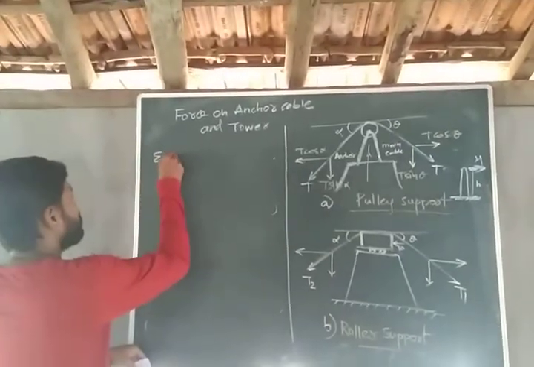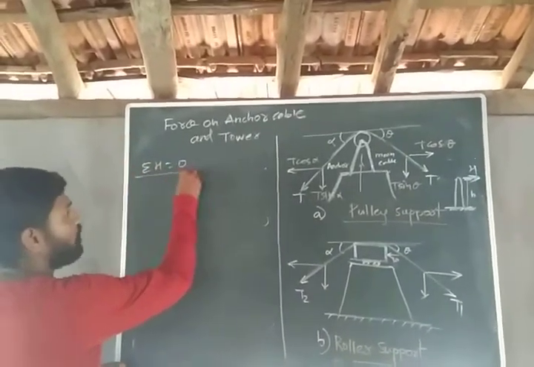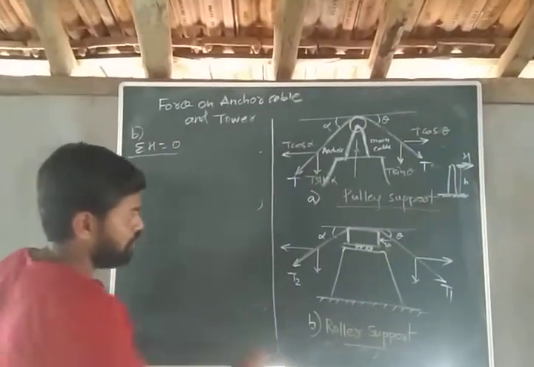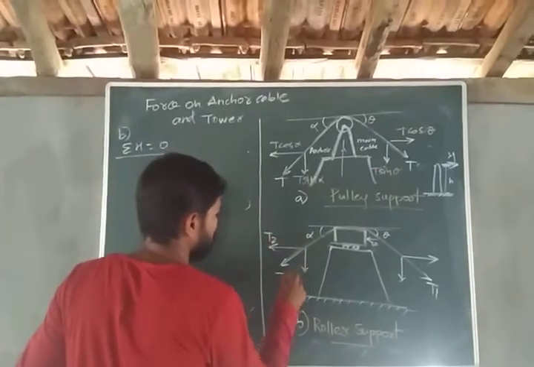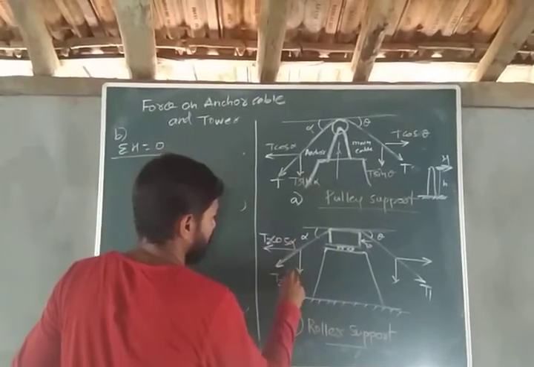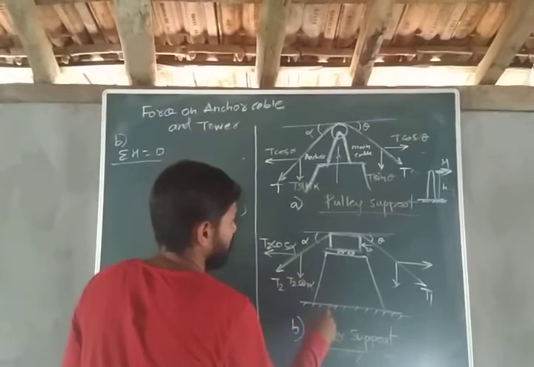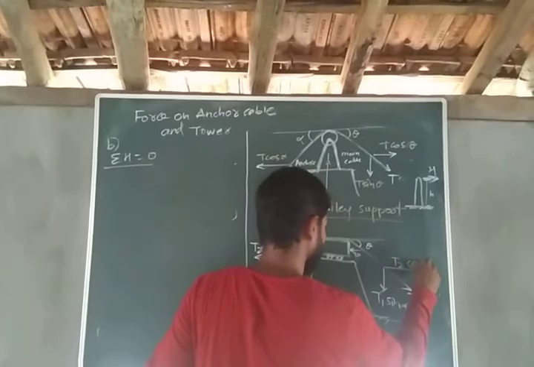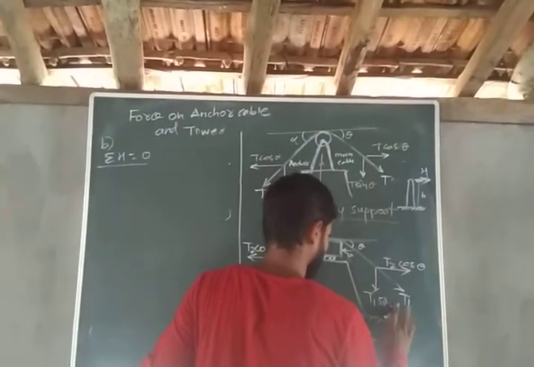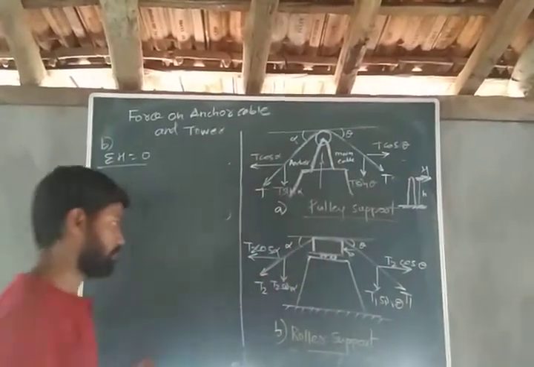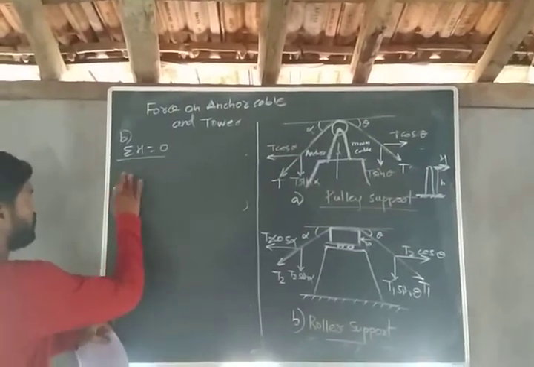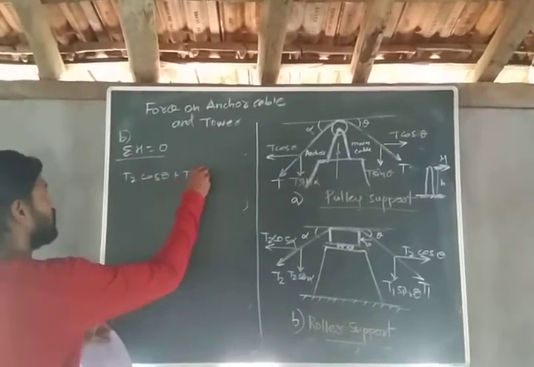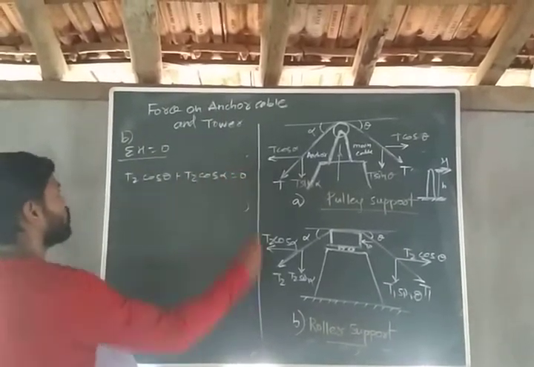So applying first condition, summation H equal to 0, we are considering now condition B, roller support. So I will draw the components first: T2 cos alpha, T2 sin alpha, T1 cos theta, T1 sin theta. Not alpha, here it is theta. So T1 cos theta minus T2 cos alpha equal to 0.